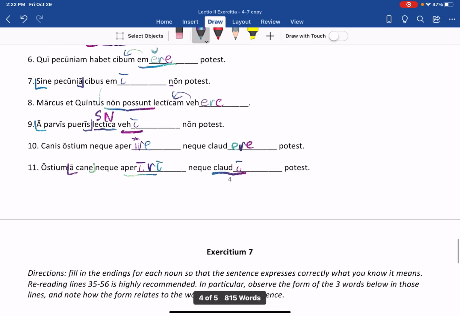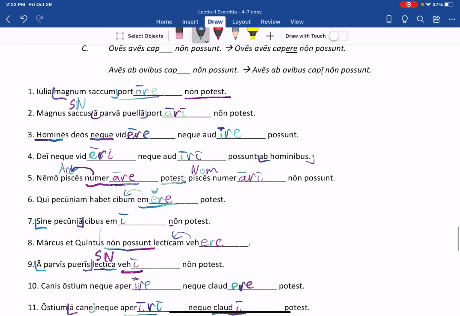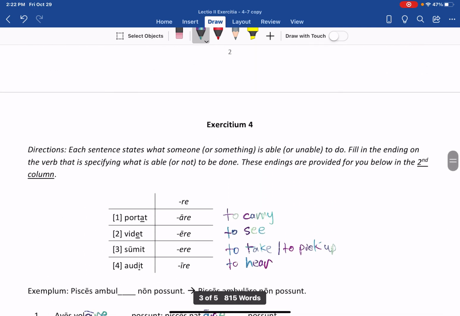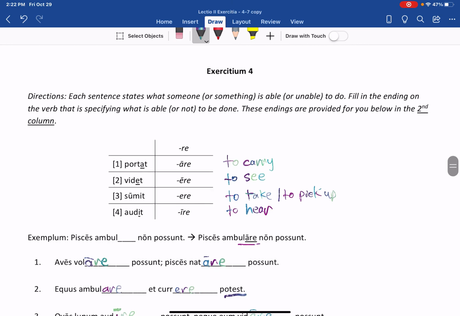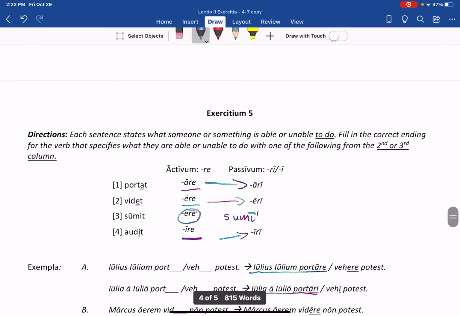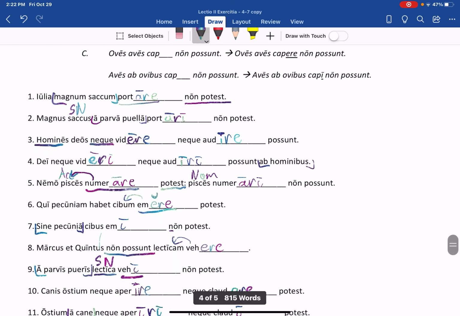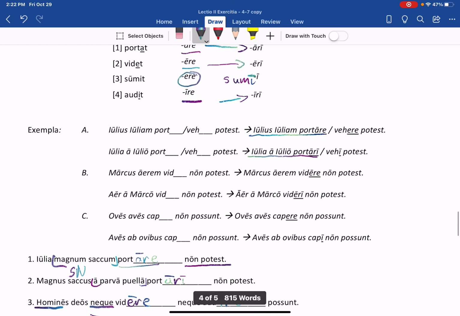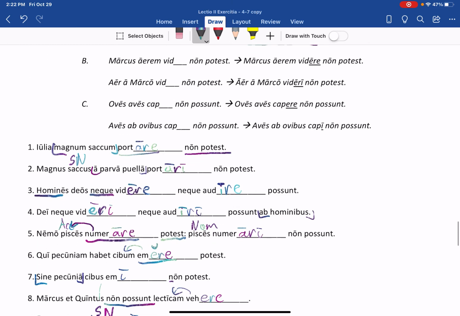So that concludes our review of exercises 4 and 5. I hope that you found it helpful. And again, if you have any questions, please circle the ones you're still struggling to understand and bring them into class. Just from looking over your homework briefly, it seems that a lot of you struggled with remembering which conjugation each of the infinitives belonged to.